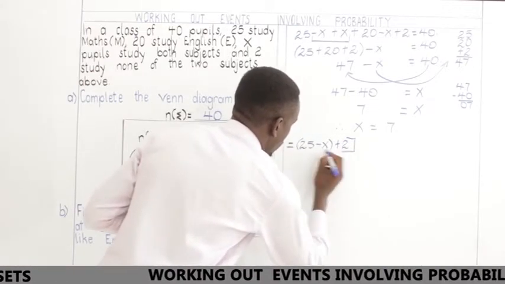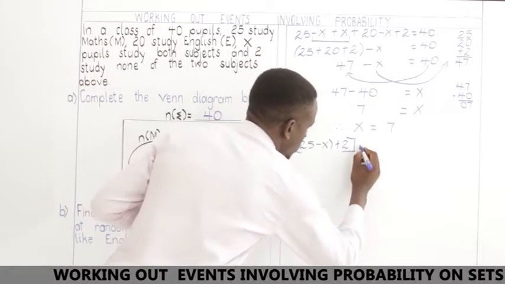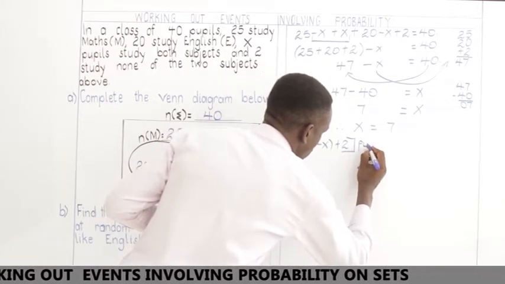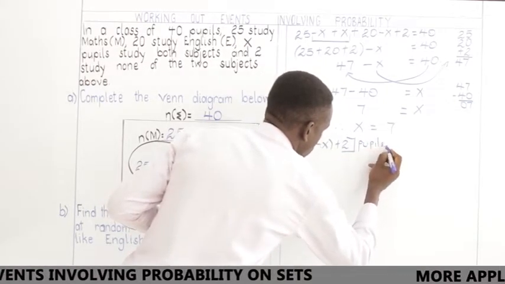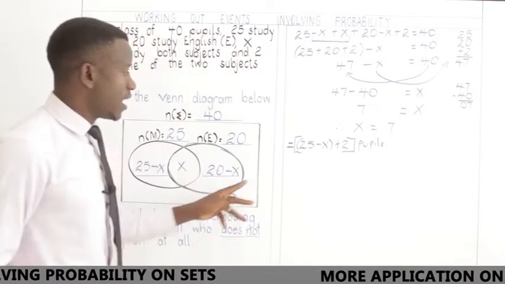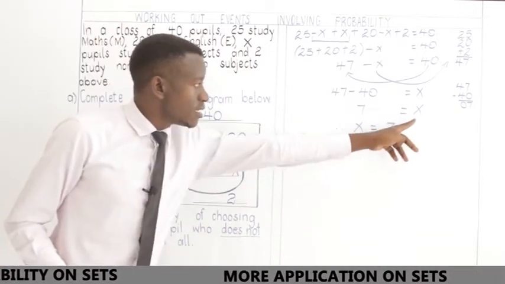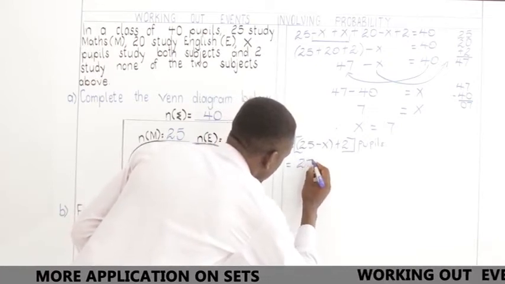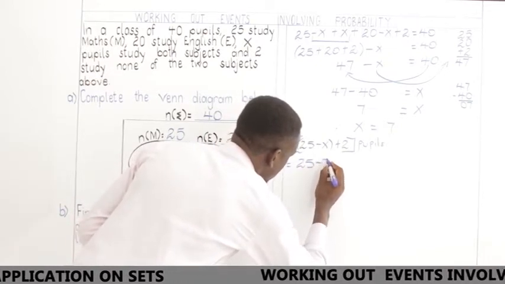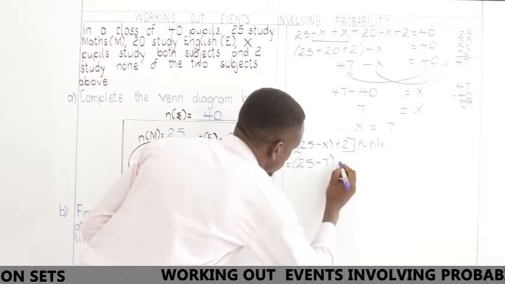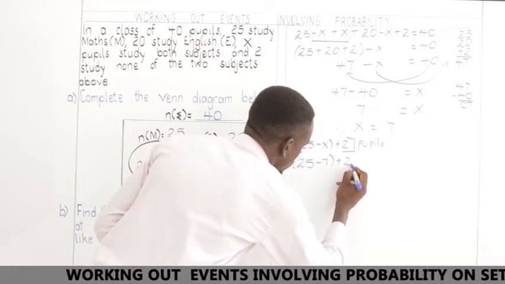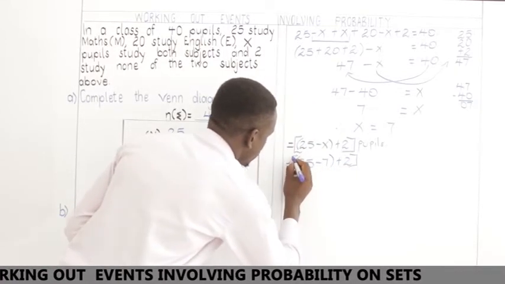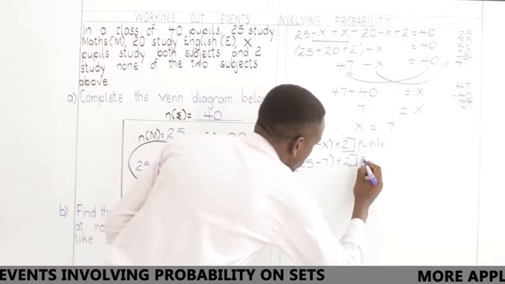Then we enclose the big brackets for the units, and these are pupils. Then from there, we have the value of x as 7. So we shall have 25 minus 7, then plus 2. These are pupils.